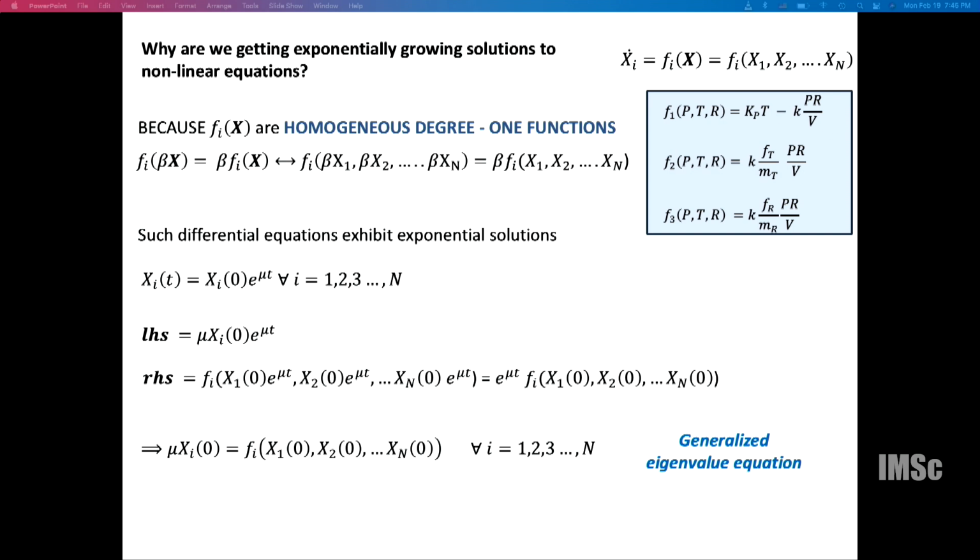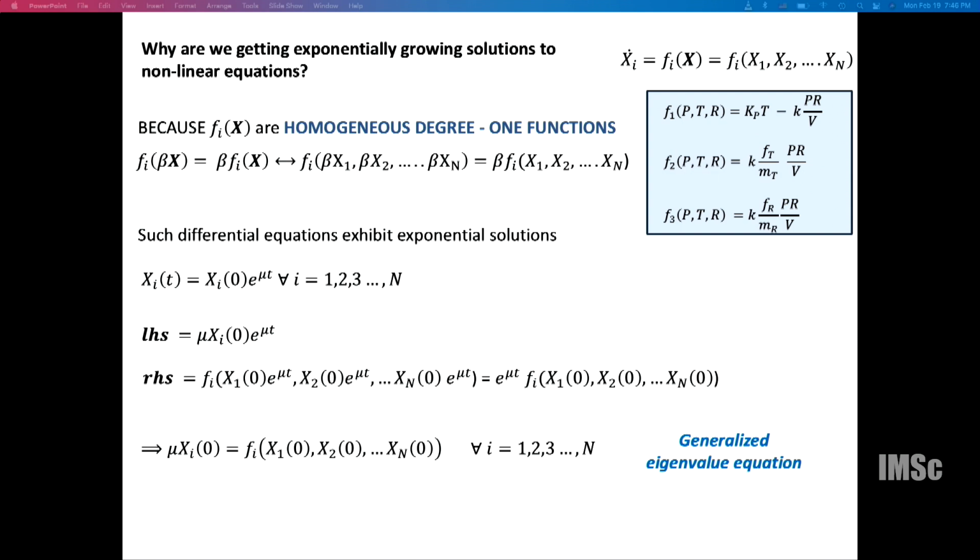What that means is that if I multiply all the variables in these functions by the same constant beta, and use that as the argument of Fi, then that beta comes out. That means it's beta times Fi of x. The reason for that is that V is linear. So if I rescale all the variables, V goes to beta times V, and on top there is a quadratic function, P goes to beta times P, R goes to beta times R, and therefore this term, though it is highly nonlinear, still goes to beta times itself.